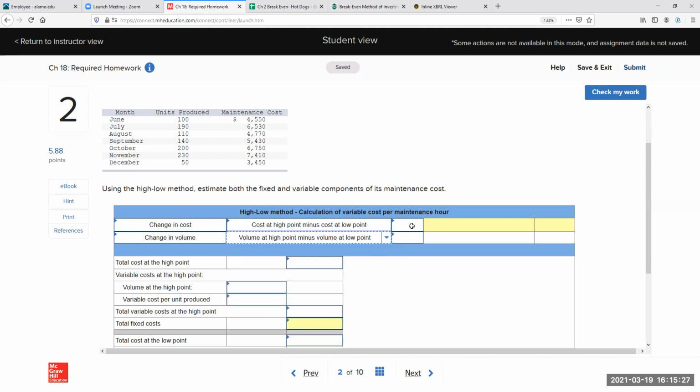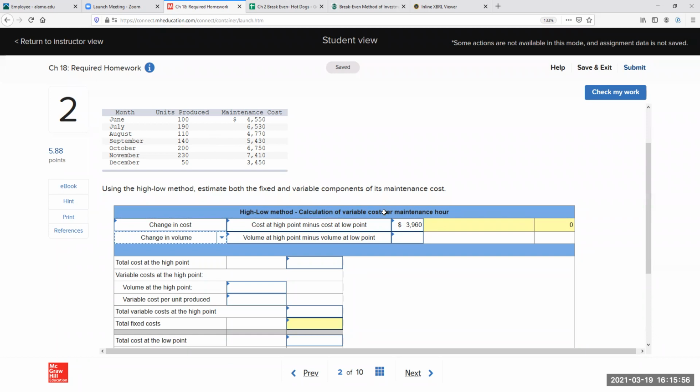Okay, so in our case, the change in cost, the highest one is 74.10 minus the lowest one, 34.50. So my rise is 39.59 if my math's right. Let me just do it one more time. 74.10 minus 34.50, so 39.60.